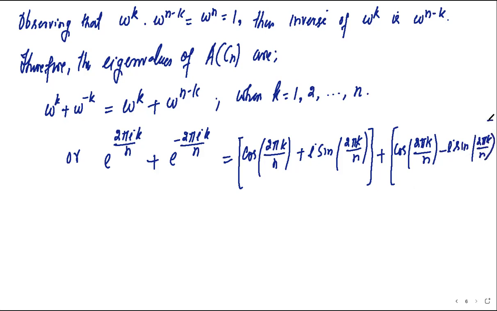So these are the eigenvalues of the adjacency matrix of Cn. But now this equation gives us 2 cos 2 pi k by n, where k is equal to 1, 2, and so on up to n. So therefore, the eigenvalues of the adjacency matrix of Cn are twice cos 2 pi k by n.